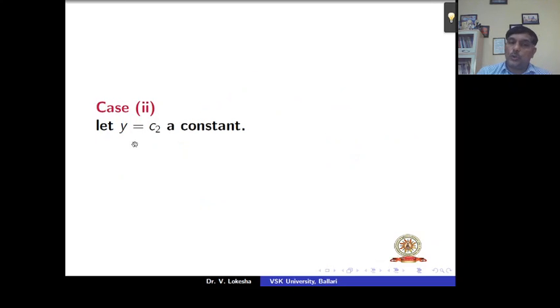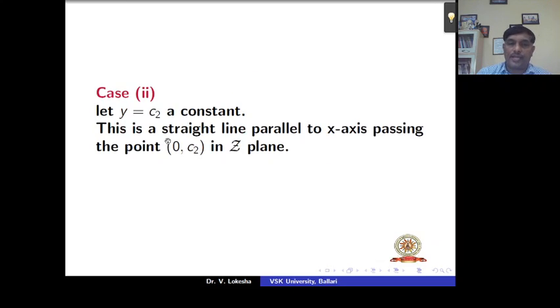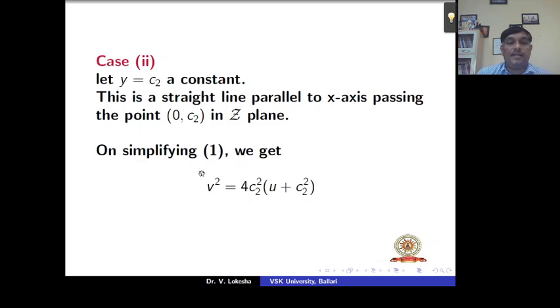Similarly, case 2, y is equal to c2, a constant. This is a straight line parallel to the x-axis passing through 0 comma c2 in the z plane. Then if you simplify, v square is equal to 4 c2 square into u plus c2 square.